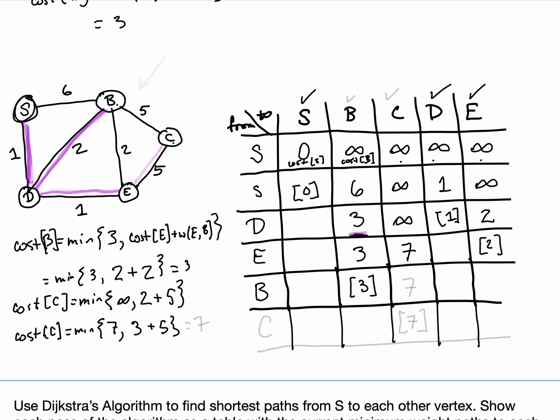So it's the minimum of 7 and 8, which is 7. So this is still 7. It did not change.